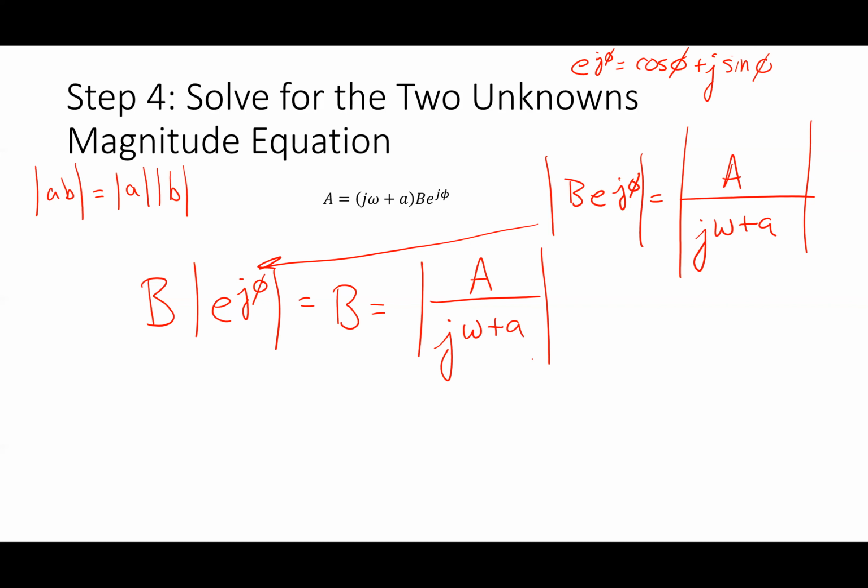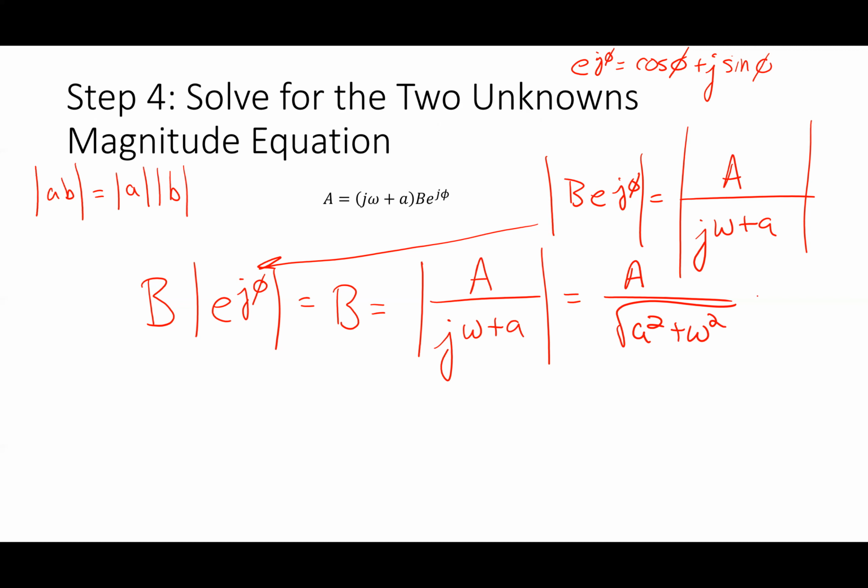So I've got a real number divided by a complex number. The magnitude of a is a. What's the magnitude of the number on the bottom, j omega plus a? It's the square root of little a squared plus omega squared.